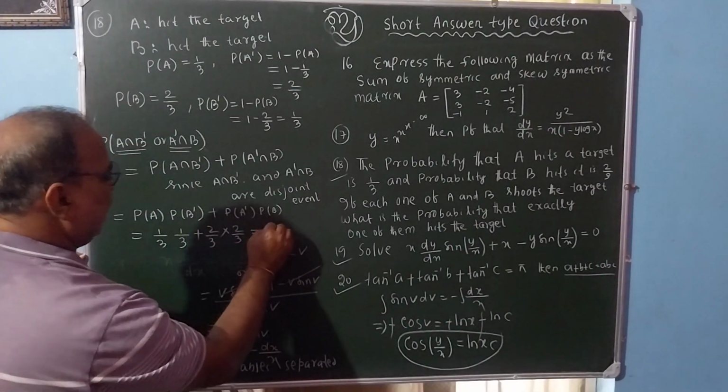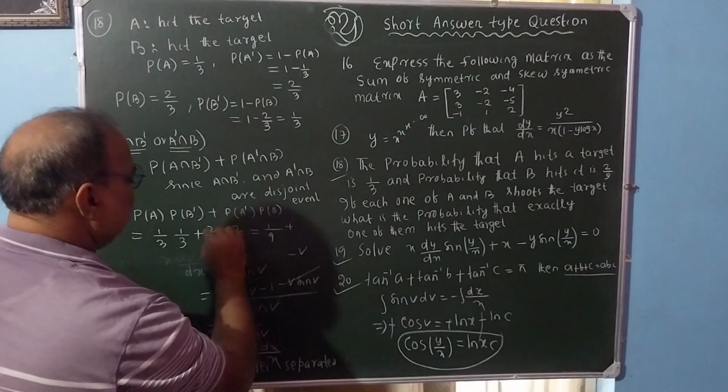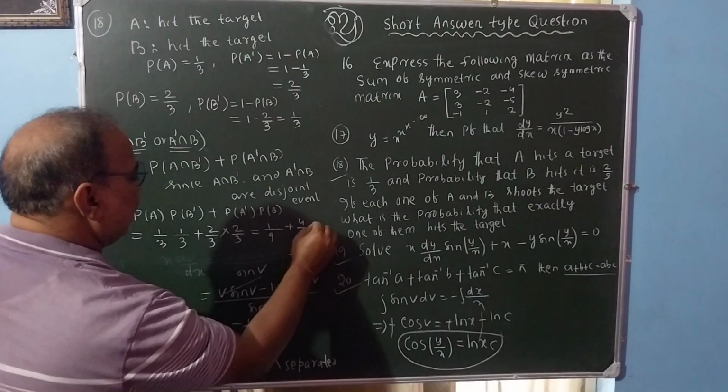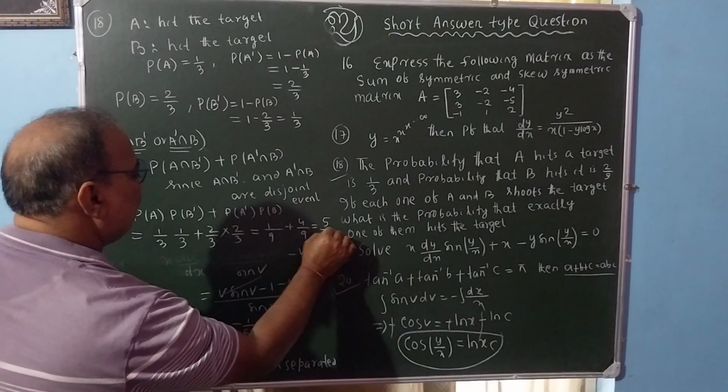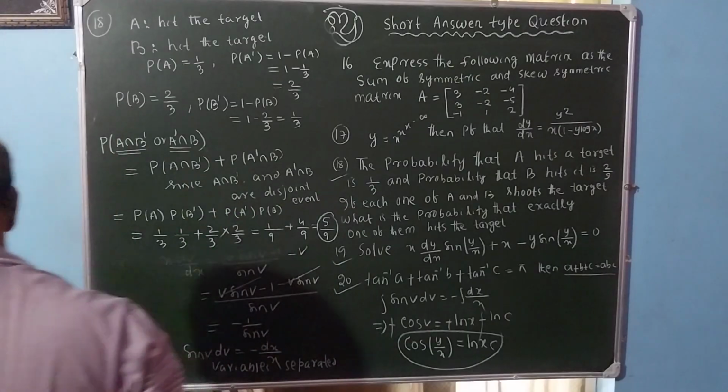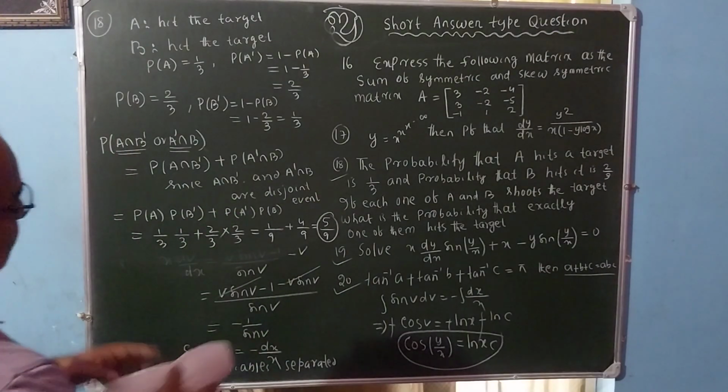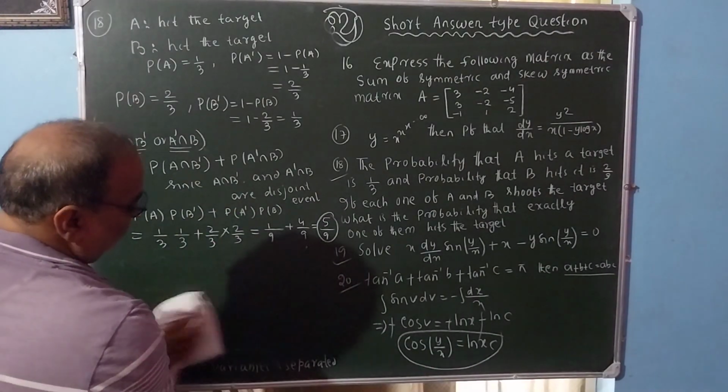So it is 1 by 9 plus 4 by 9. So the result is 5 by 9. Answer is 5 by 9.